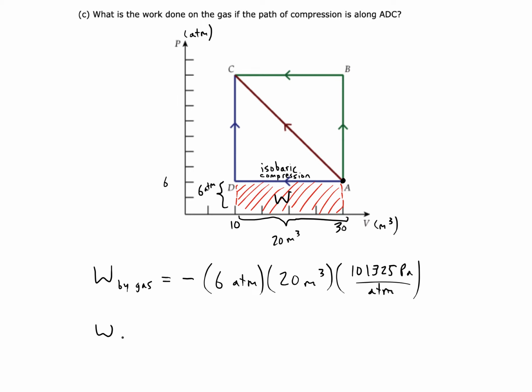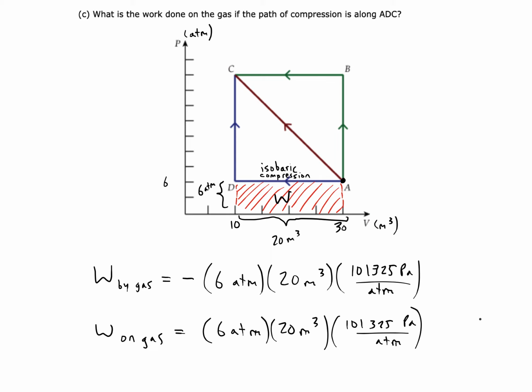But if we want the work done on the gas, it would be positive. Okay, let's see what it is. Negative 12 million joules done by the gas and positive 12 million joules done on the gas.